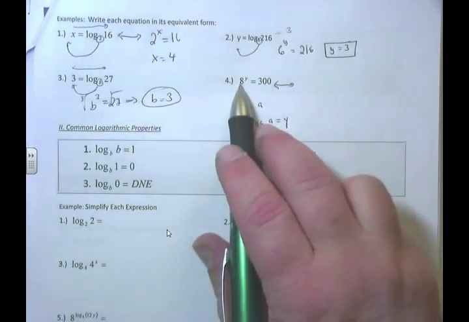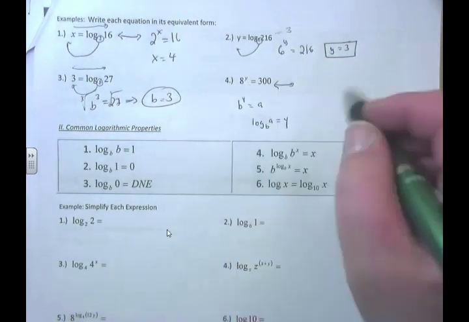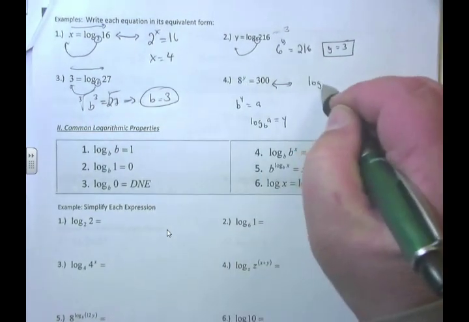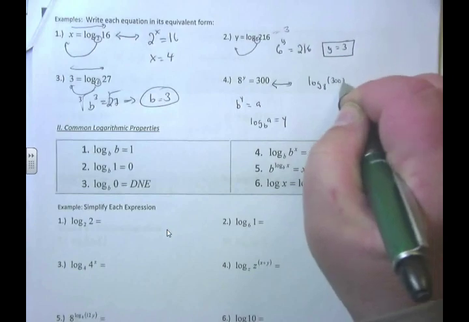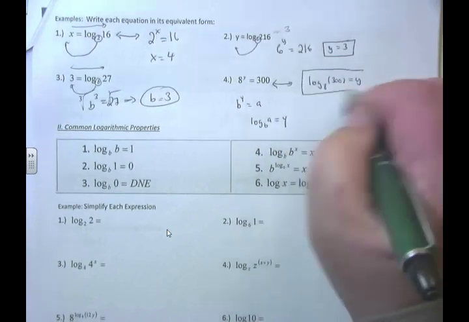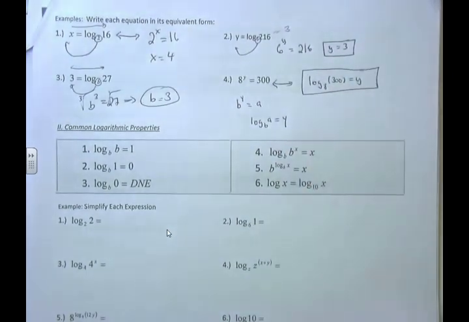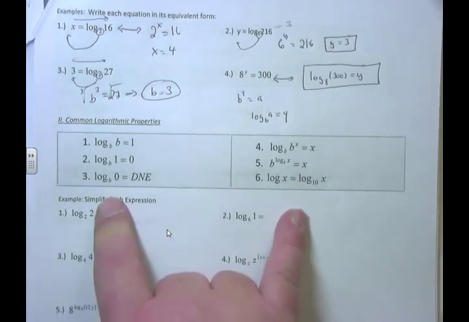So I can rewrite 8 to the y equals 300 as the log base 8 of 300 equals y. Doesn't look like a nice number, but don't worry, we'll show you how to use your calculator to get that converted into a decimal in a few minutes here. Does that make sense?